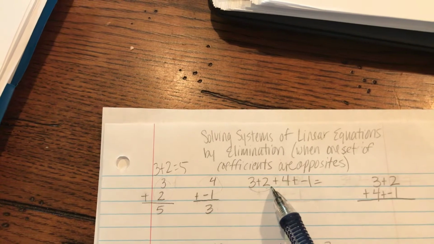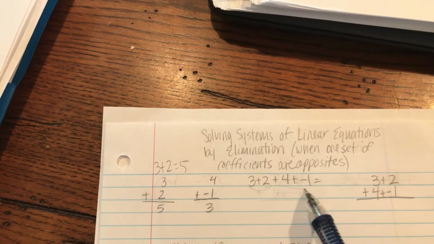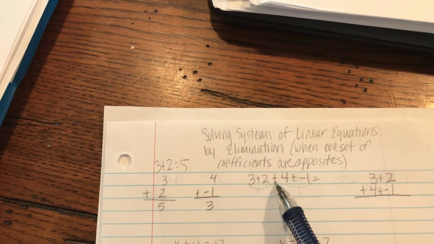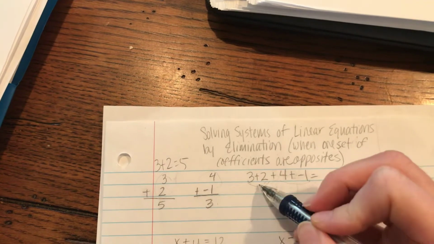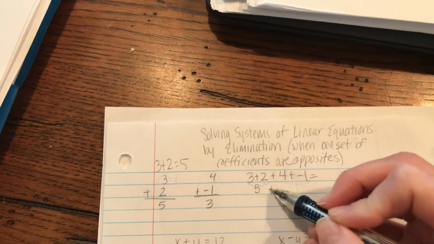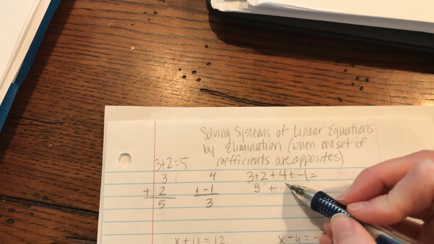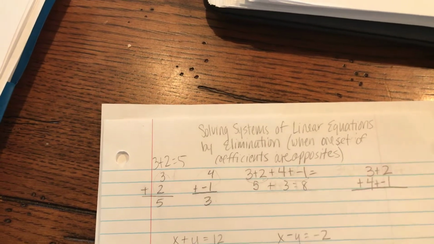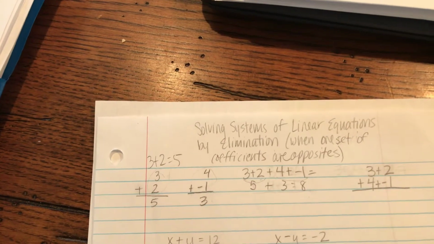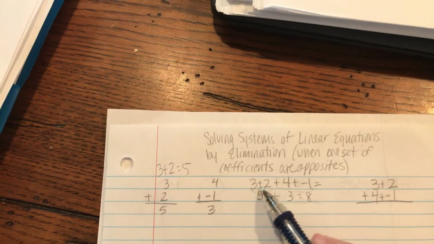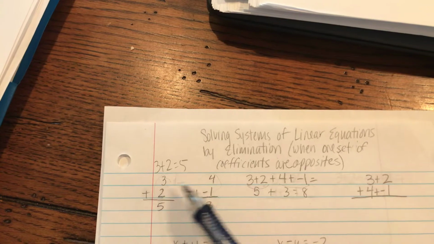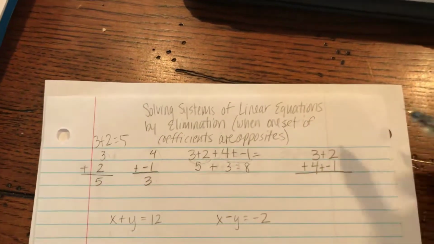Here's one of the expressions, here's the other expression, and I'm combining them, I'm adding them together. And I can solve that in bits and pieces in whatever order I want because it's addition, and that equals 8.